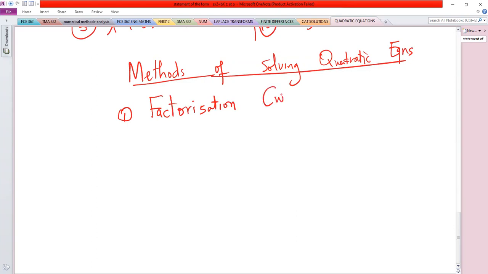This works for some, not all. So this method works for some quadratic equations, but not all the quadratic equations can be solved by factorization.